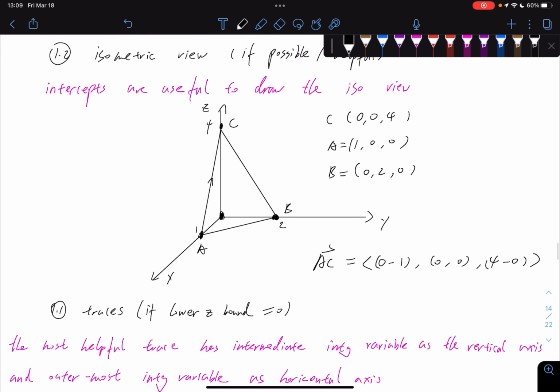That's one vector. How about AB? That's just the coordinate of B minus the coordinate of A. So that is 0 minus 1, 2 minus 0, 0 minus 0.